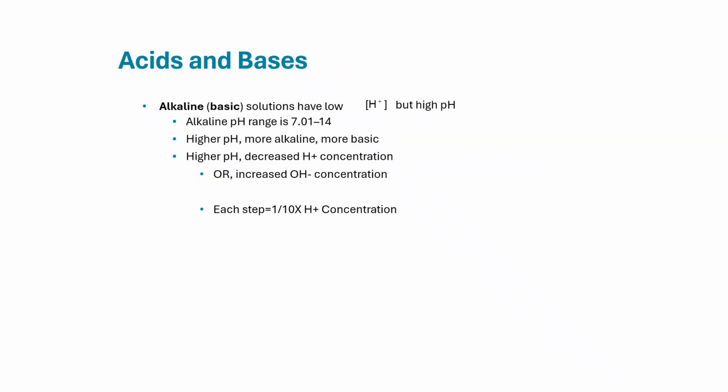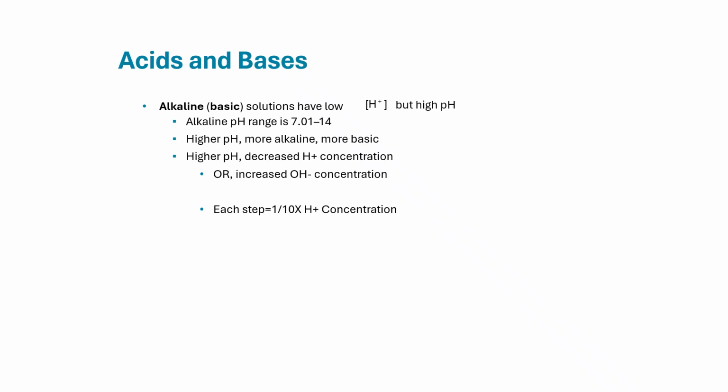Alkaline solutions, or basic solutions. The alkaline range is anything from 7.01 all the way up to 14. The higher the pH, the more alkaline or more basic. The higher pH means there's less hydrogen concentration, or you can also say increased OH negative concentration.